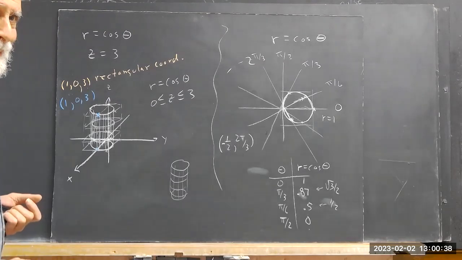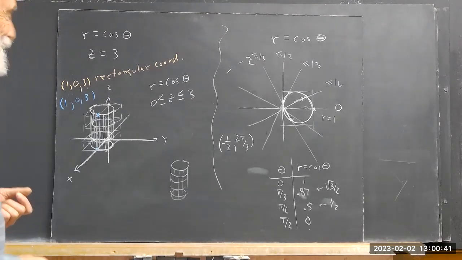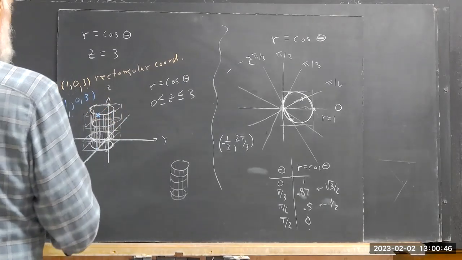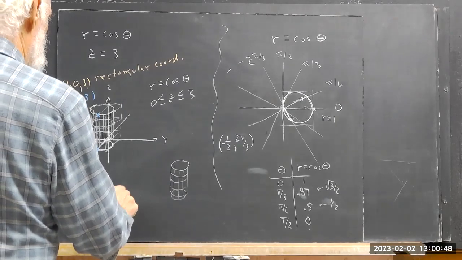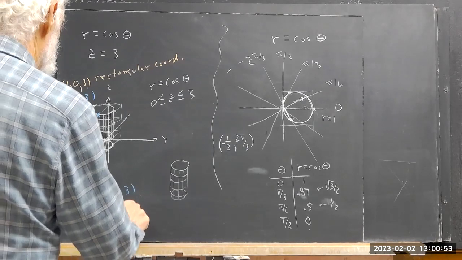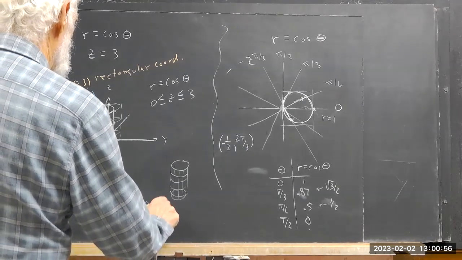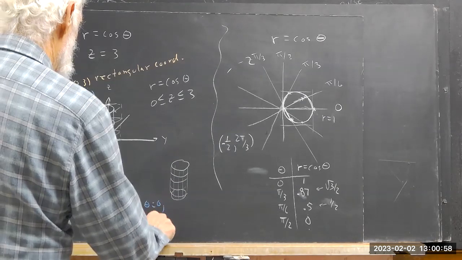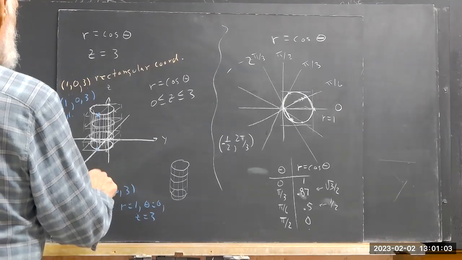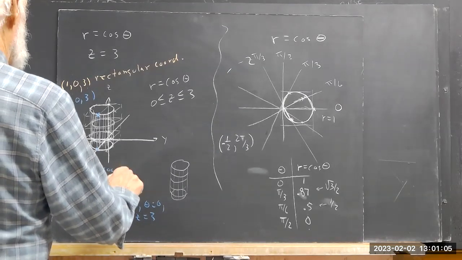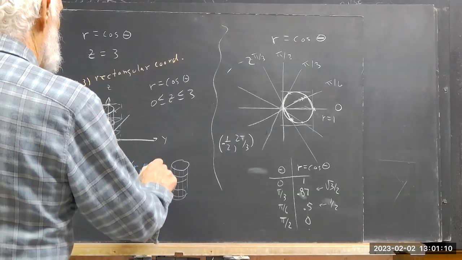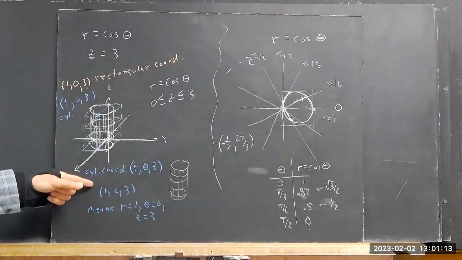Cylindrical coordinates are r, theta, z.